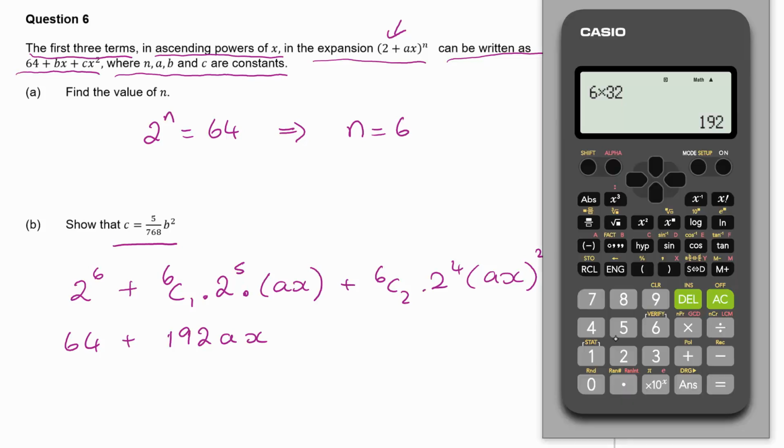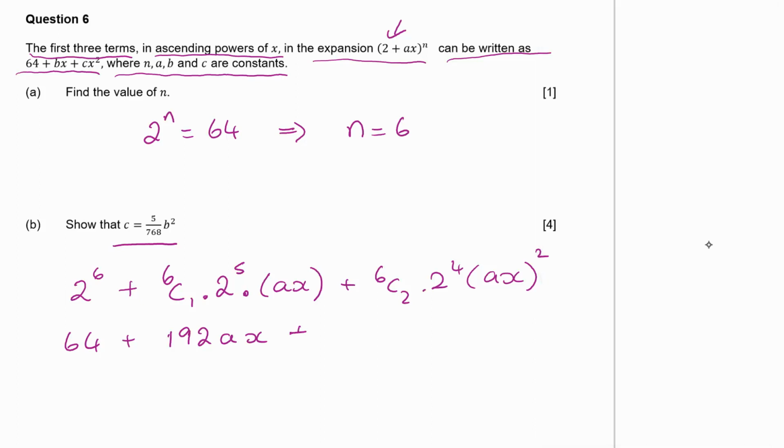So that's going to be 15 times 16, which is 240, a squared, x squared. So, comparing with the expansion up here, b is 192a, and c is equal to 240 a squared.